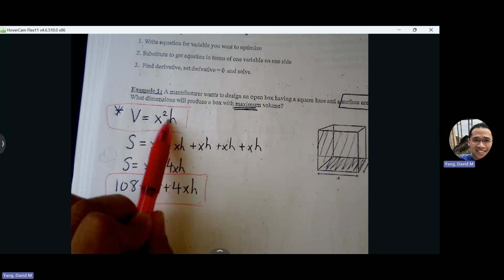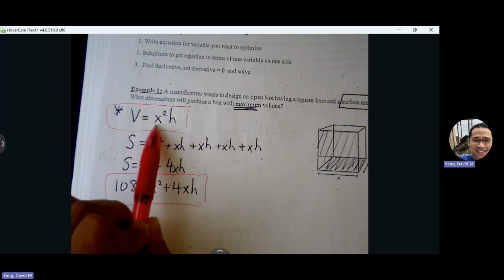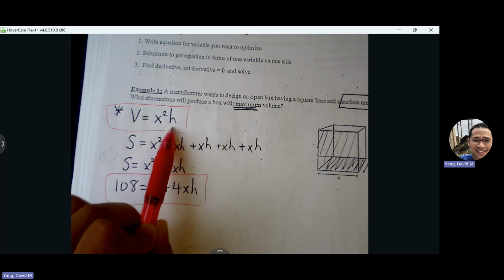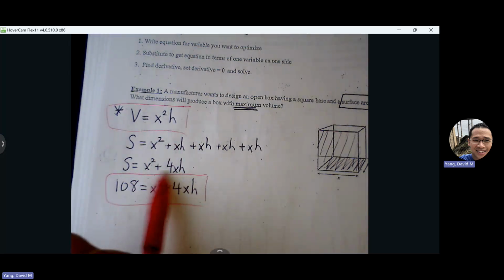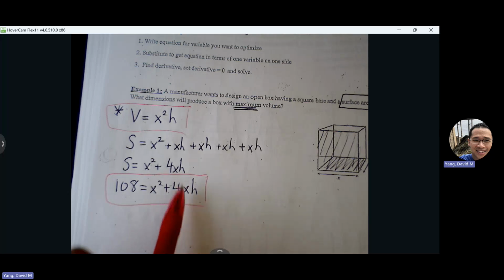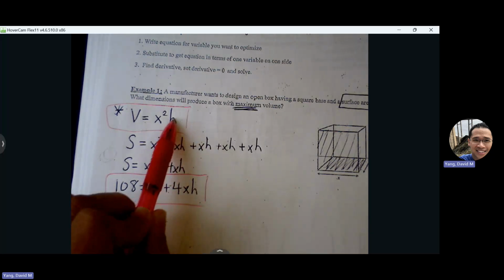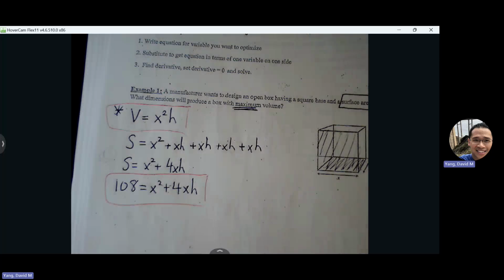So we're going to focus on the variable that is easier, that has less restrictions. The x squared may be harder to solve for. So we're going to solve for h. And if we solve for h, we can find a replacement for h, so that we can get our volume equation down to one variable.